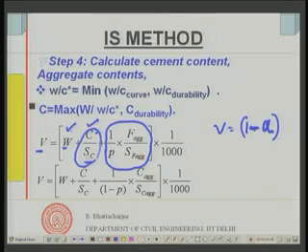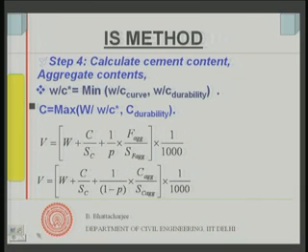Now, when the specific gravities are known and this is known, I can find out this one. When everything else is known, I can find out the fine aggregate. The specific gravity of fine aggregate will be known, and the percentage P you have calculated.